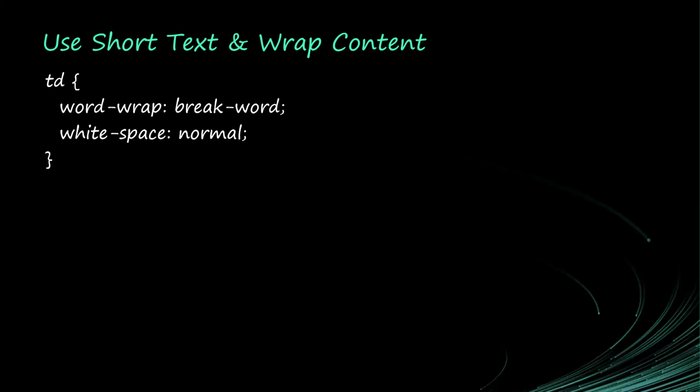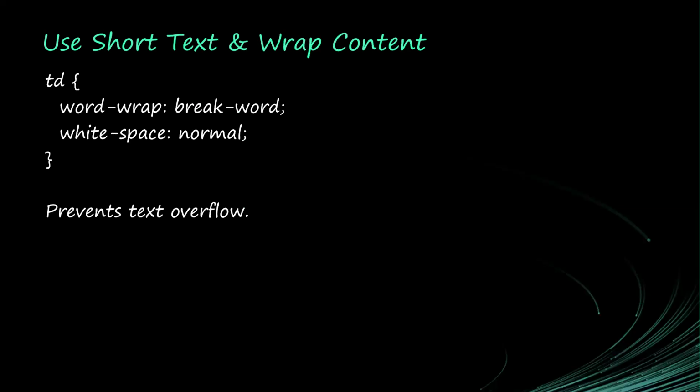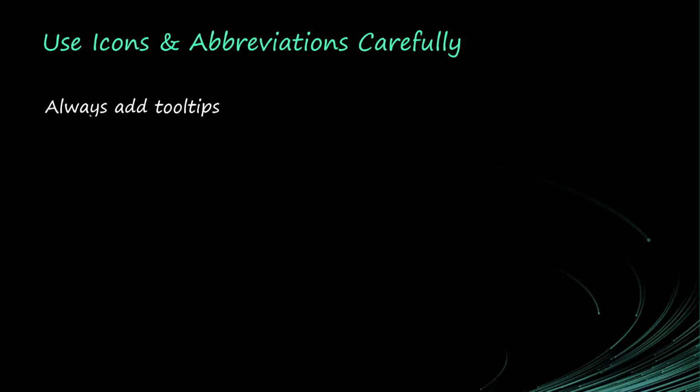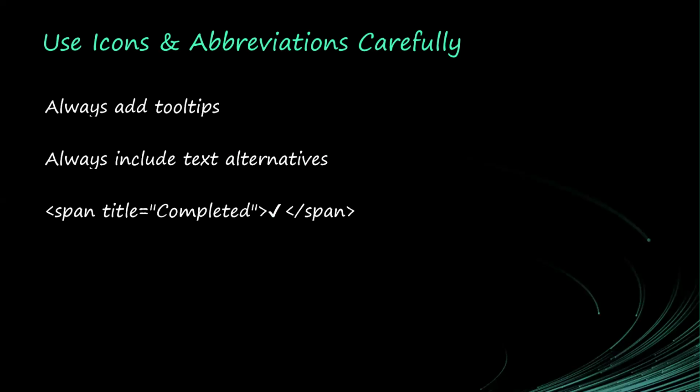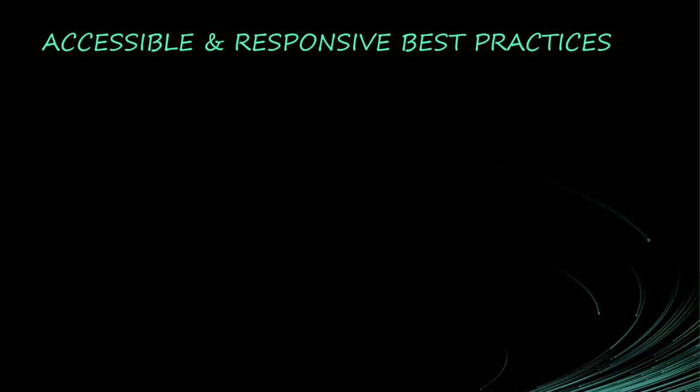This is actually CSS: you can use word-wrap to wrap the text so that it doesn't overflow. You can use icons and abbreviations carefully. Always add tooltips and include text alternatives. You can give some of your elements a title attribute.